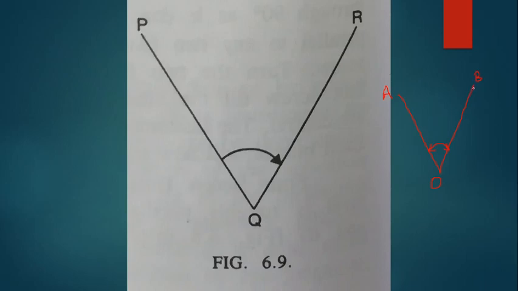So for minimizing our time, we can approximately bisect by using the upper clamp. Then you can tighten the upper clamp. For exact bisection, we have to use the upper tangent screw only, because when you operate the upper tangent screw, the reading still changes, and we can exactly bisect the ranging rod.